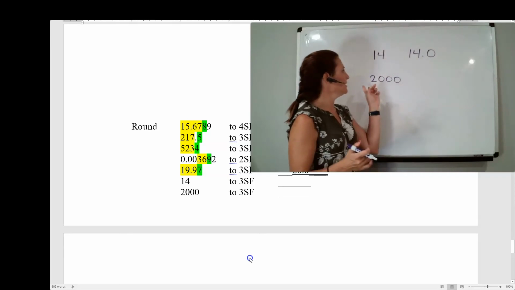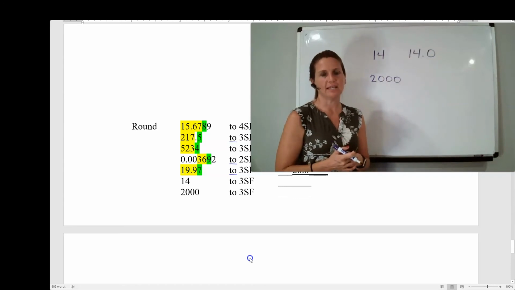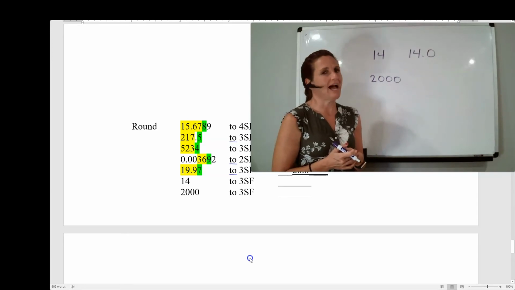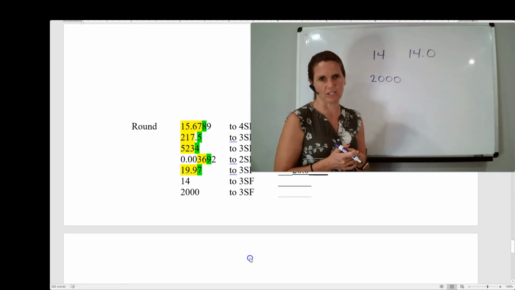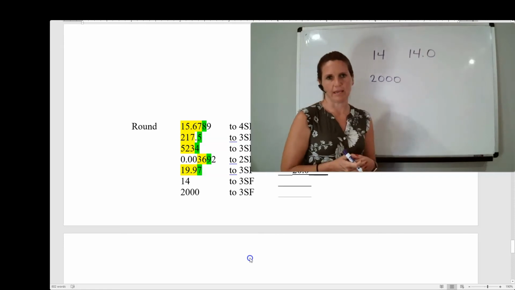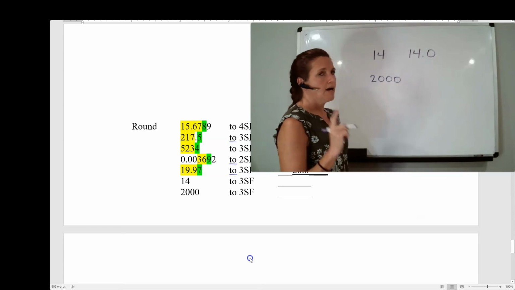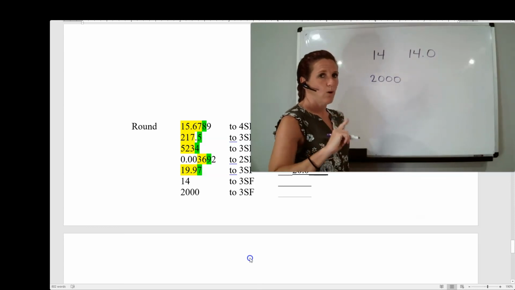The more important one here is this 2,000 taken to three significant figures. If I want 2,000 to have three significant figures, I have to use scientific notation. I can't otherwise make it happen. So if I'm going to put it into scientific notation, remember a number between 1 and 10.